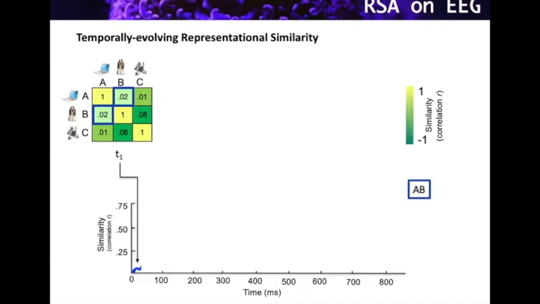Now this could be simply plotted in an XY dimension, in which Y would be the degree of similarity, basically the correlation coefficient, and then on X we would plot that as a function of time.